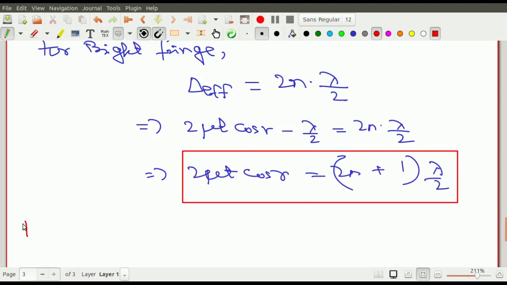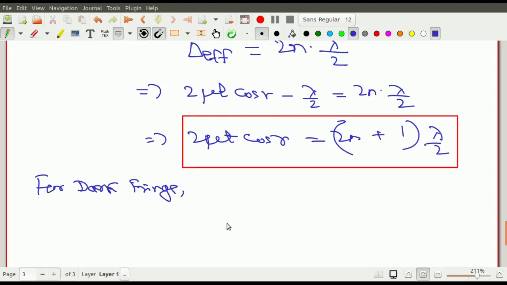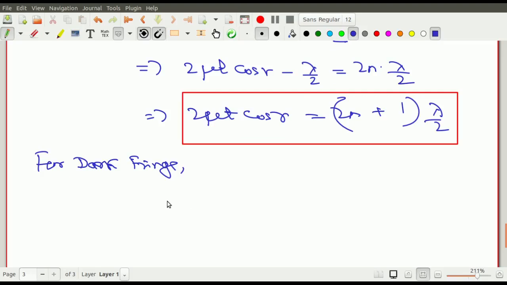And similarly for dark fringe আমরা কি লিখতে পারি? So what can I write for the dark fringes? Dark fringe এর জন্য কি হবে? So আবার এখানে এরকম লেখো delta effective. Dark fringe means it is odd multiple of lambda by 2, 2n plus 1 lambda by 2.